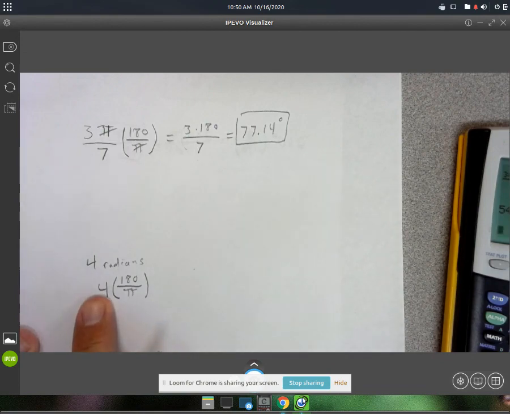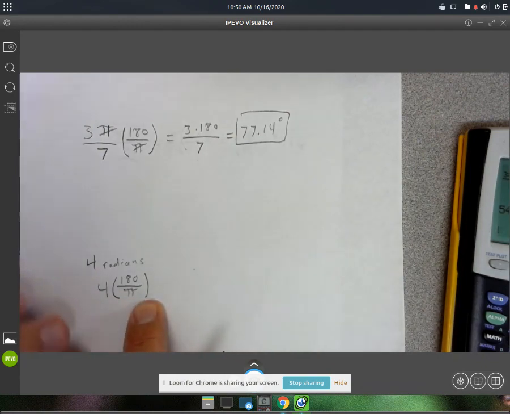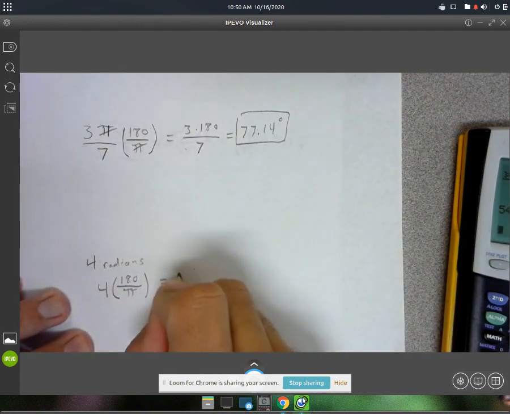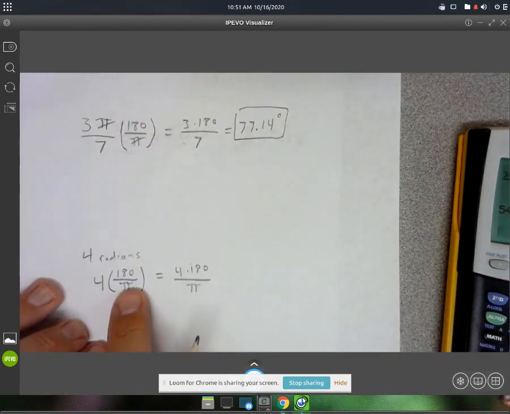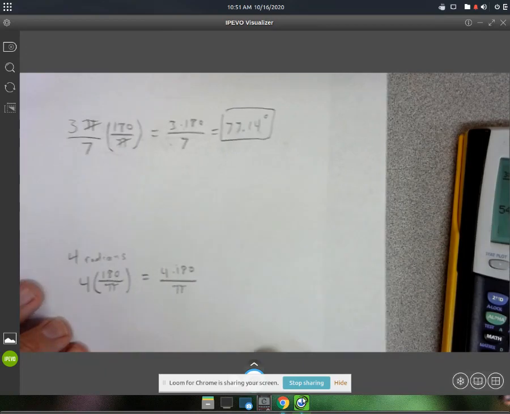So the 4 radians, the radians part cancels with the radians part down here. So you're just left with 4 times 180 over pi. I'm sorry, the pi's itself don't cancel. It's the word radians that cancels.